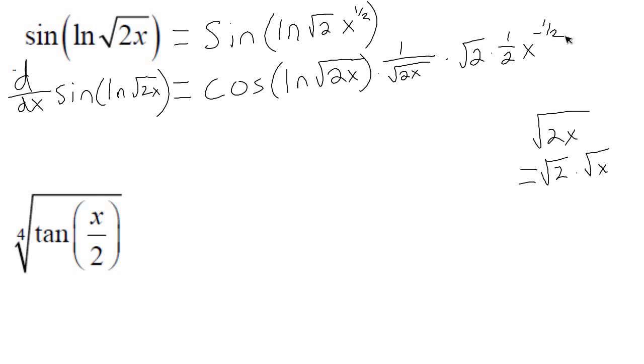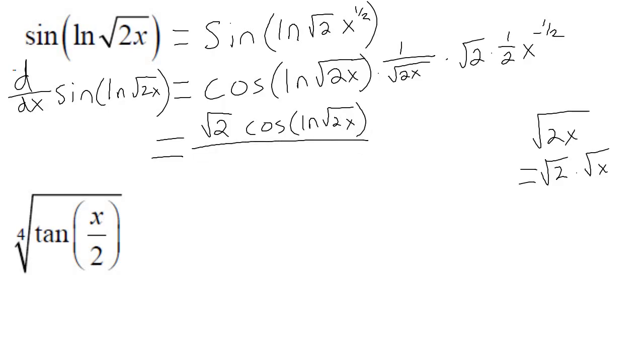Now, right now, that answer does not look very nice, so we're going to clean it up a little bit. Notice that my square root of 2 is going to be on top, and my cosine of the natural log of square root of 2x is going to be on top. Then I have a 2 square root of 2x on the bottom, and my x is to a negative 1/2.